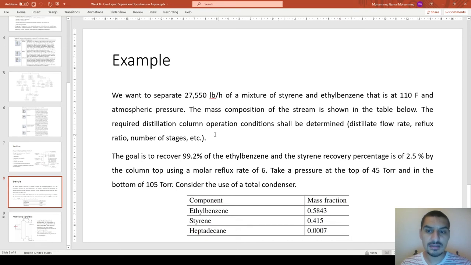And it's desired or required to do distillation so that we can do separation, as we will mention here shortly.